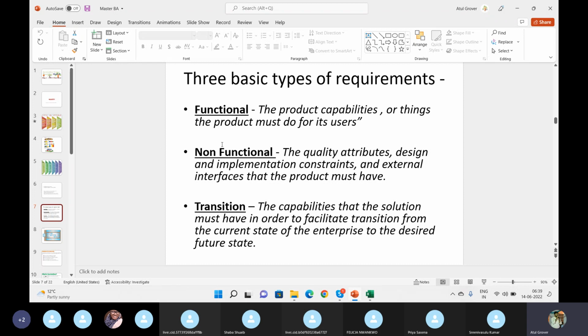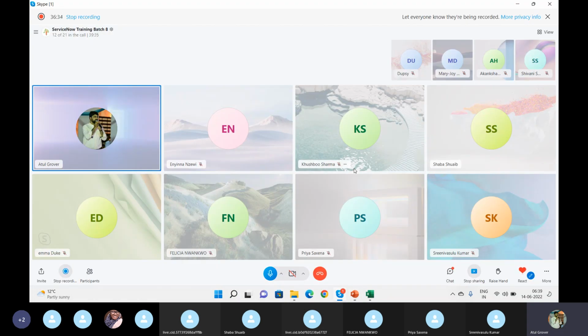Non-functional requirement: the quality attributes, design and implementation constraints, and external interfaces that the product must have. Now let's take the example of a microwave oven. A microwave oven lets you put things in it, and it will heat them up quickly.